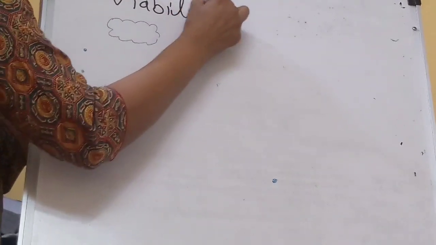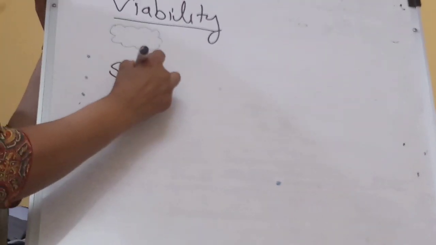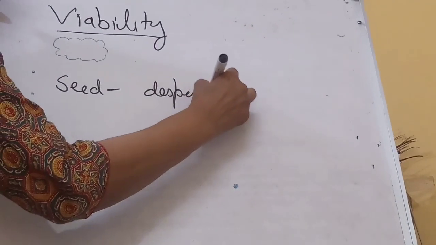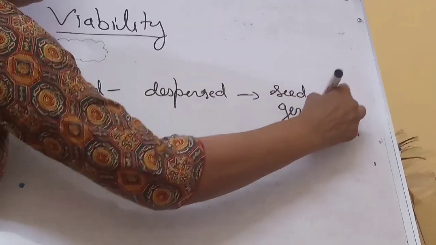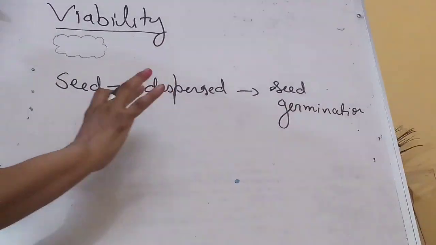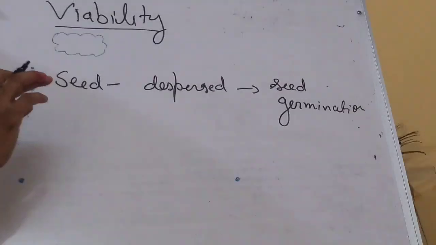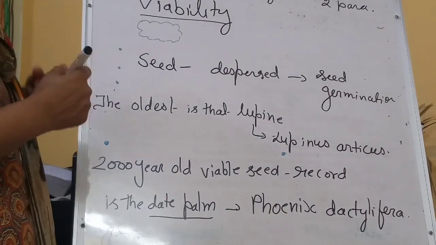Now we will see viability. First I want to explain the meaning of viability. You know, the seed is going to be dispersed and then germinate. Every plant does not have a specific seed viability, so many questions arise.